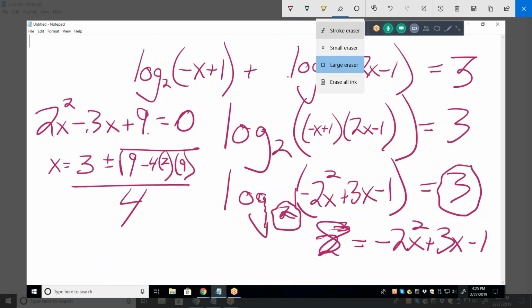In other words, it's quite possible to have a log equation that does not have a solution. There is no value for x that will make this thing true. Also possible that I've made a math error, or that I applied the quadratic formula incorrectly.